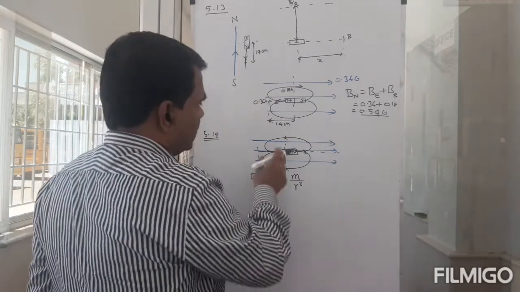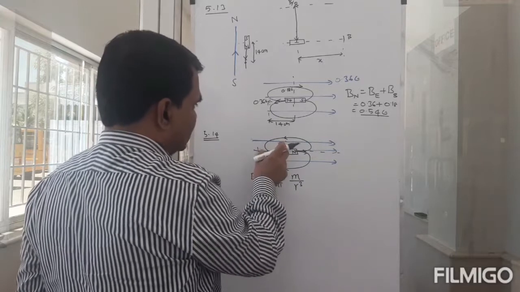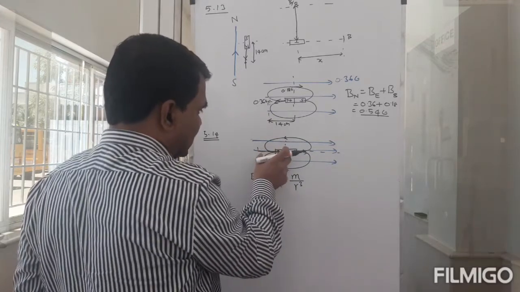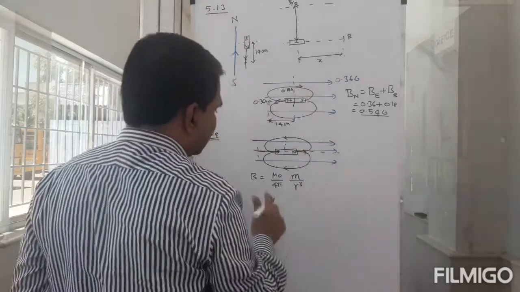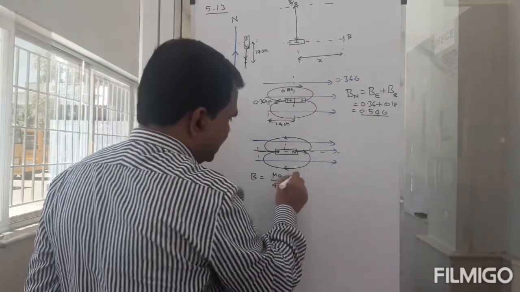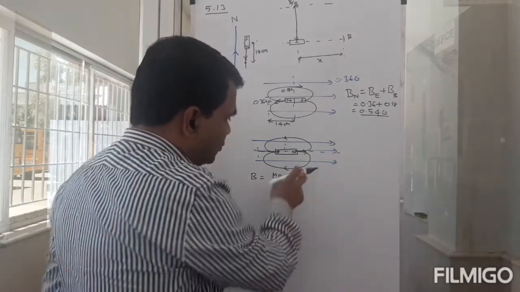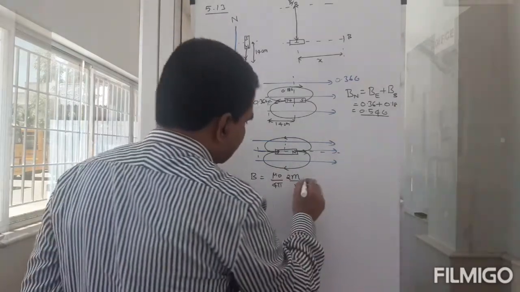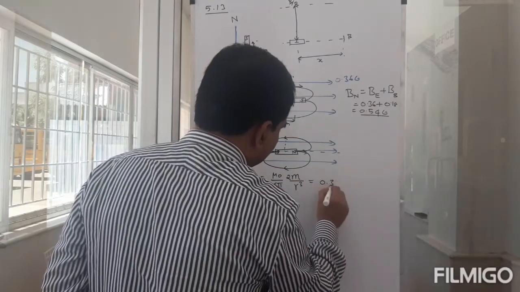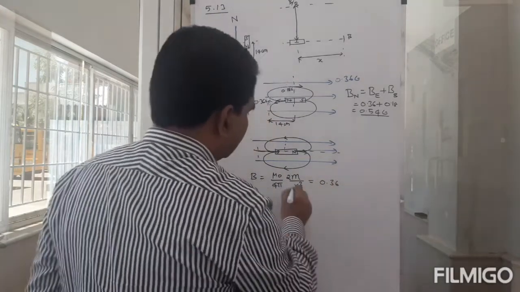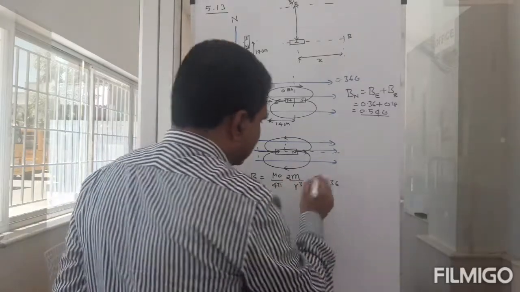Say at 14 centimeters along the axial line, the field equals the Earth's magnetic field. In that case the axial line equation would be mu naught by 4 pi into 2m by r cube, and this was equal to the Earth's magnetic field, which is 0.36 Gauss.